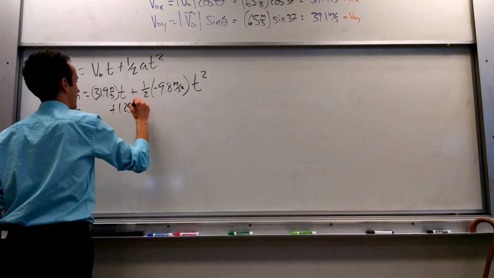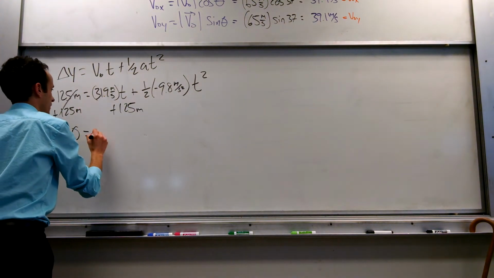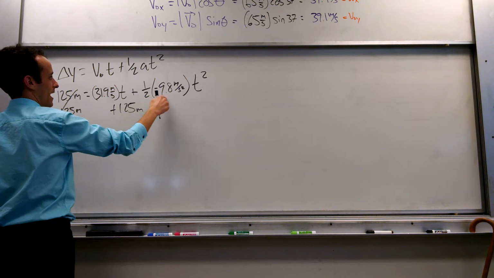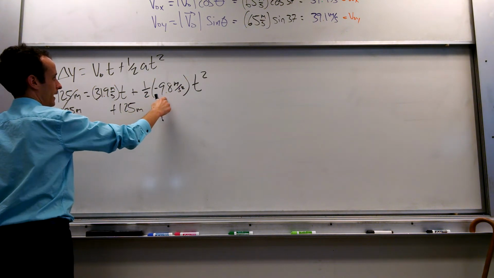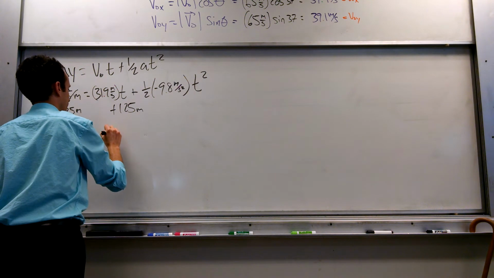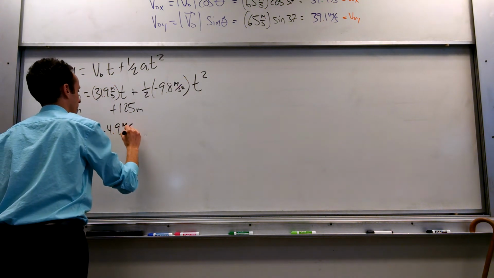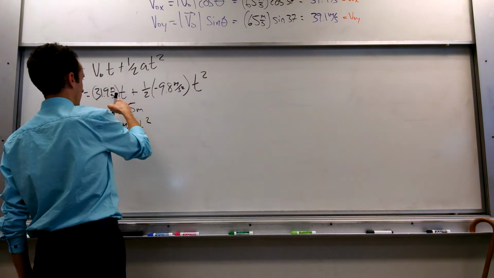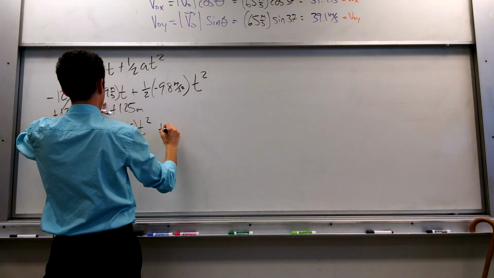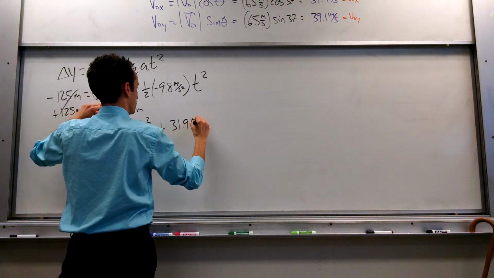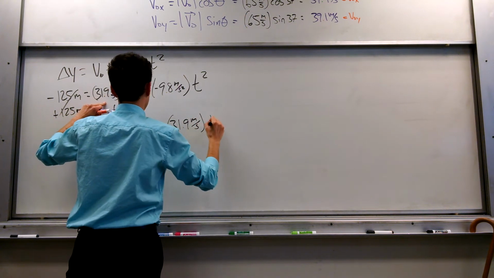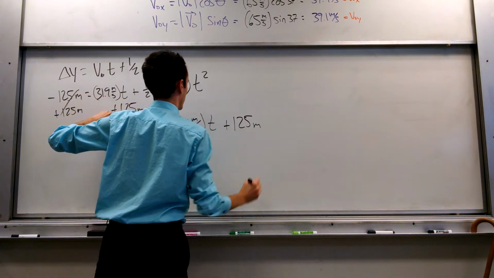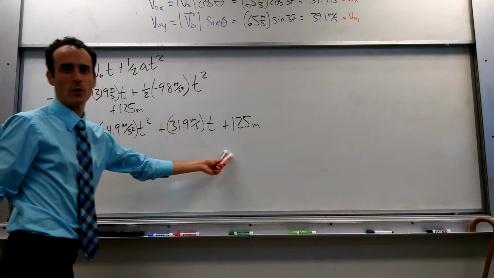I'll have 0 equals 1/2 times negative 9.8, which is negative 4.9 meters per second squared, times t squared. Then I have plus 31.9 meters per second times t. And now I just added 125 meters there. There we go. So now I have this quadratic.